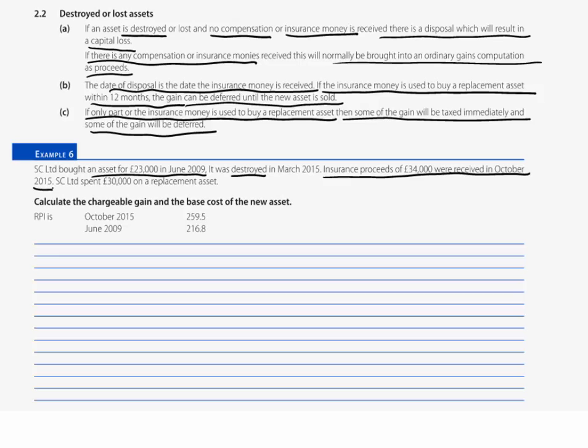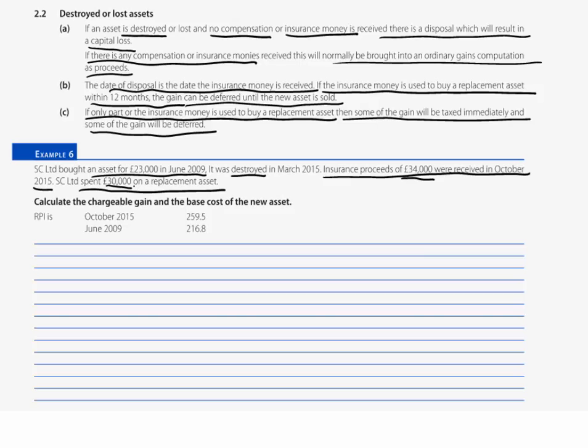So that's our deemed disposal date, when we got the proceeds received in October 15. SC Limited then spent £30,000 on a replacement asset. So we received proceeds of 34, but then we have spent just 30,000 on a replacement asset.